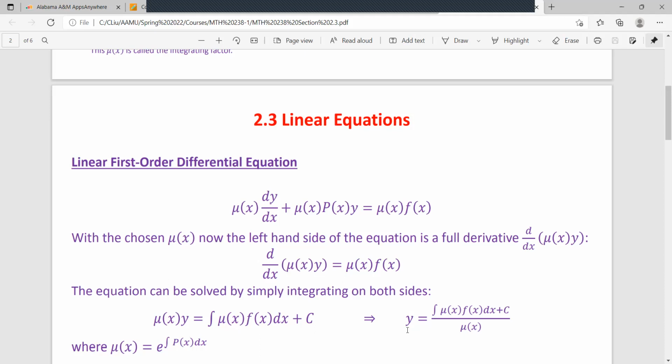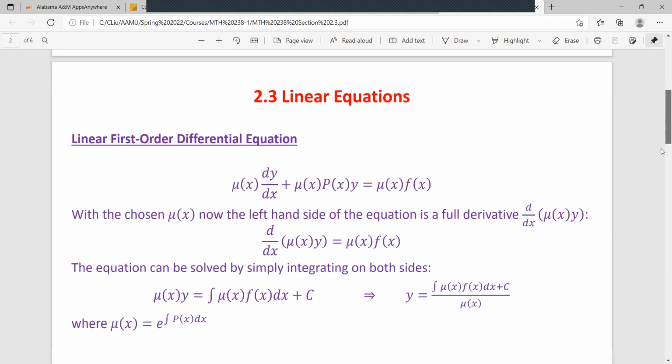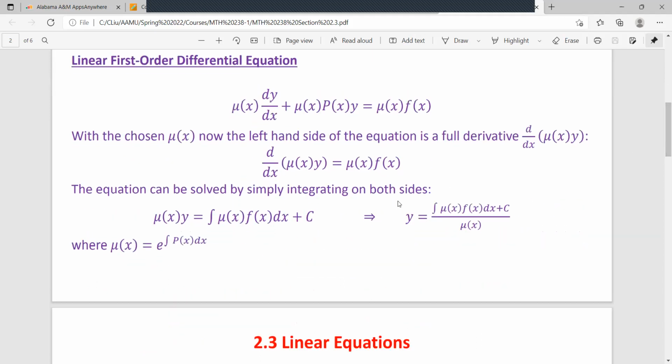So y will be the integral of mu times f plus c, over mu, where mu is e to the integral of p. It's a little more complicated, but in any case, now we have been able to solve this equation analytically.